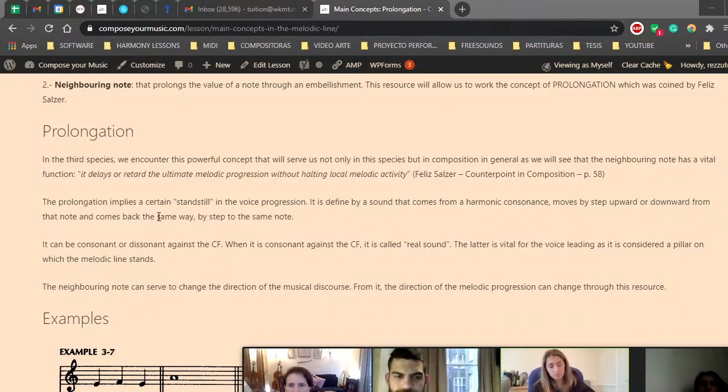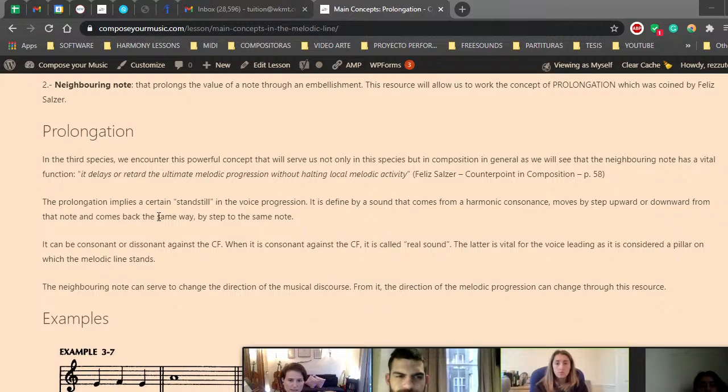In the third species, we encounter this powerful concept that will serve us not only in these pieces, but in composition in general, or analysis as well. As we will see, the neighboring note has a vital function, as Salzer says. It delays or retards the ultimate melodic progression without halting local melodic activity.